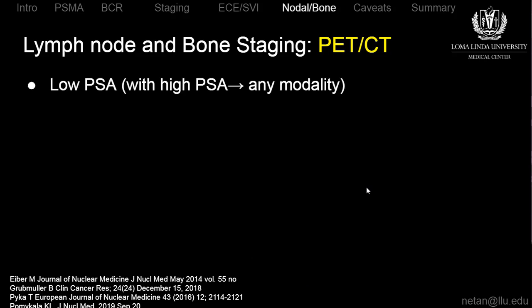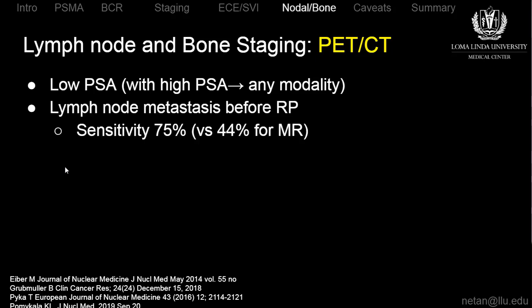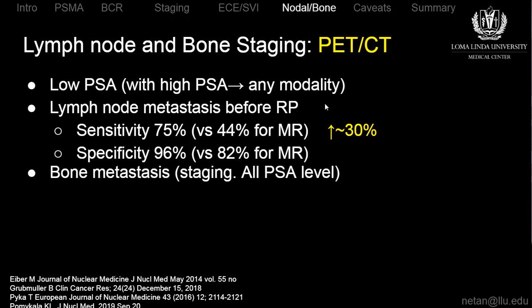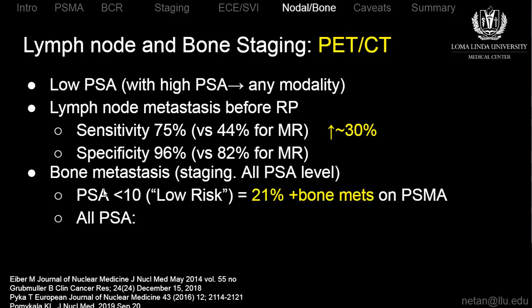PET-CT, as we mentioned earlier in biochemical recurrence, is very good for evaluating lymph node metastases and bone mets after radical prostatectomy or definitive radiotherapy. This is similarly true for initial staging of prostate cancer. There were studies that demonstrated that the lymph node metastases sensitivity increased by approximately 30% compared to MRI or even bone scan.